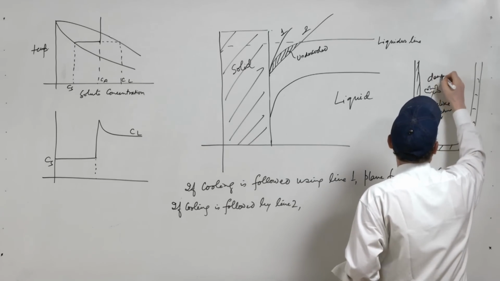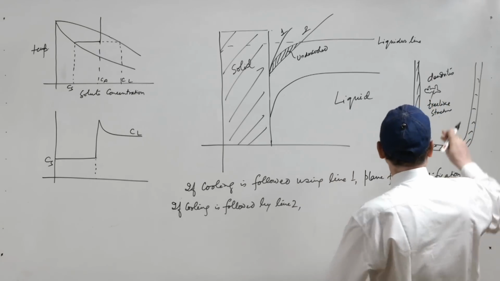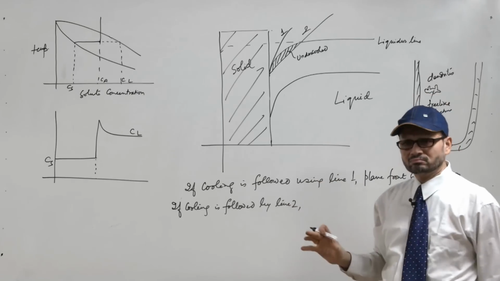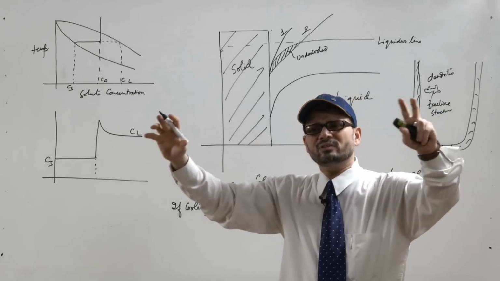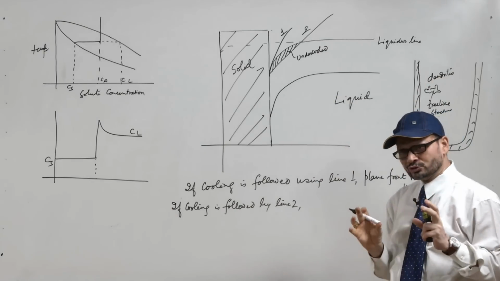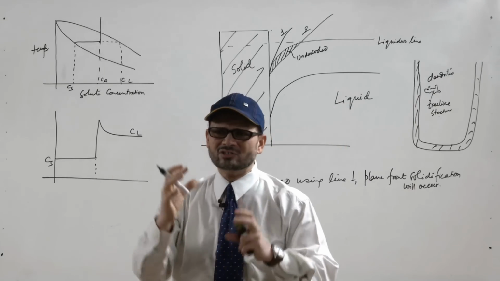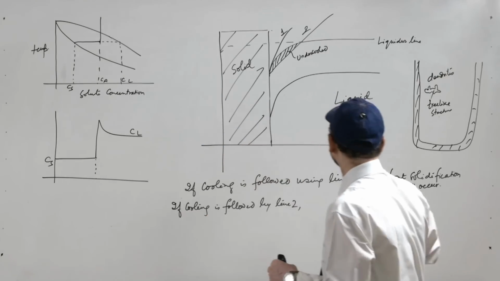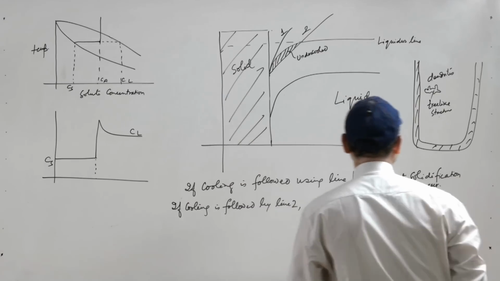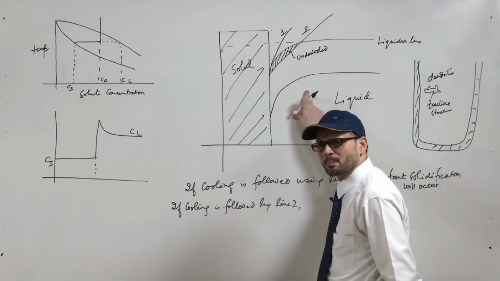Now, these dendrites are formed at a place which is still liquid, and if these dendrites are formed all along the points, there may be certain zones where some liquid is trapped inside the branches or arms of the dendrites, and that zone may be prone to shrinkage defects.